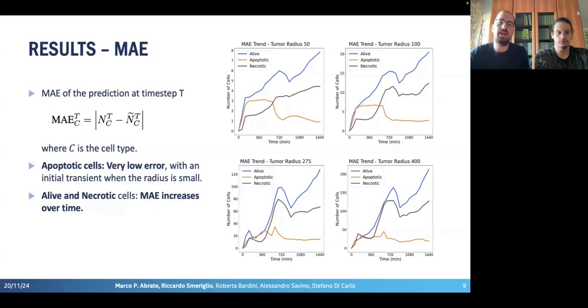On the other hand, for alive and necrotic cells, the mean absolute error increases overall over time. This is due to the fact that the RNN, being a recurrent model, propagates the error throughout the simulation time.